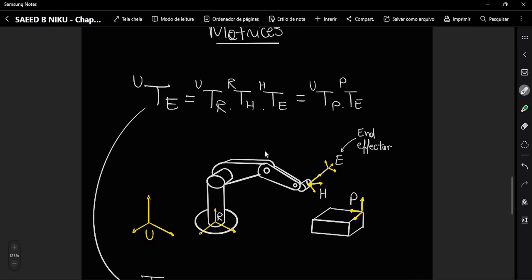So that's how we read this equation, which describes how this robot is going to move around to do this job of drilling on this workpiece.